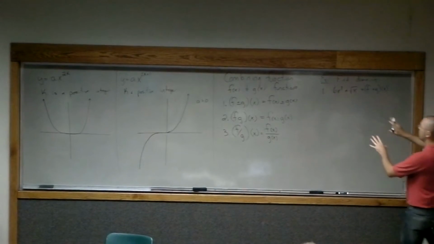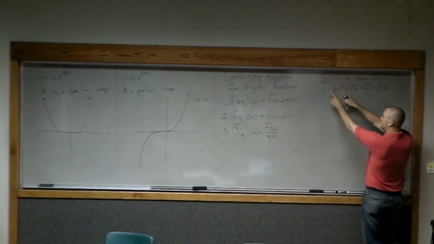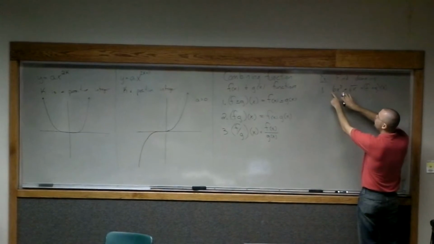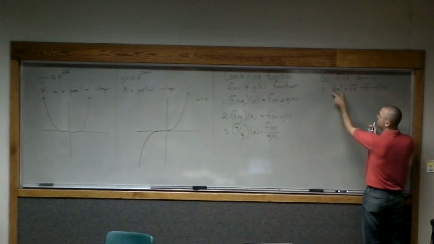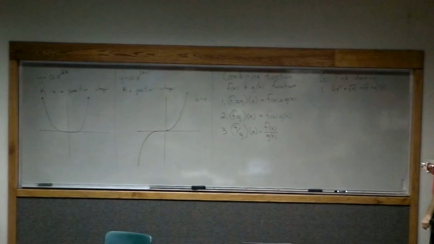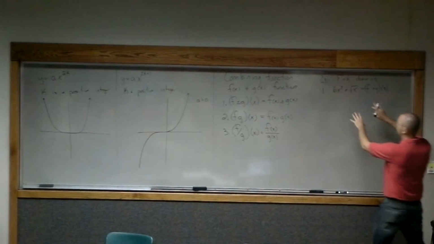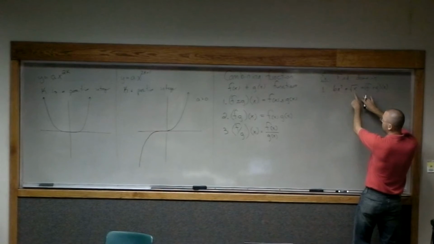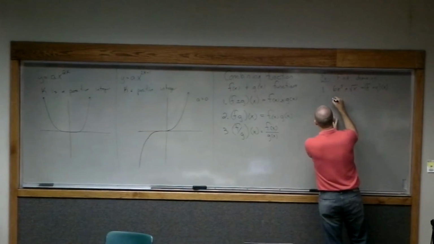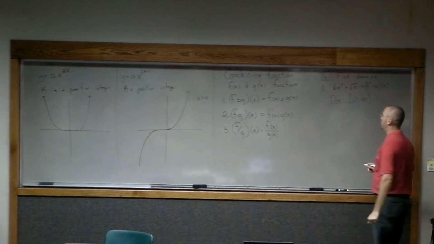What we can do here is we look at each piece and we say, okay, here's this power function 6x squared. There's no rules that limit what I can plug into this. But when I come over here and look at my square root of x part, I have to say, okay, I can't take square roots of negative numbers. So I need to make sure that whatever I use here has to work inside the square root of x. And so here, our domain is the non-negative real numbers.